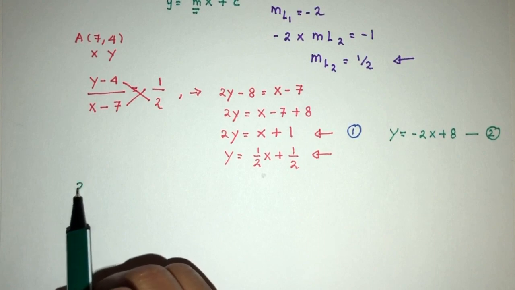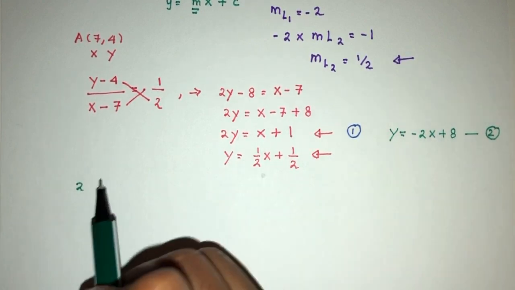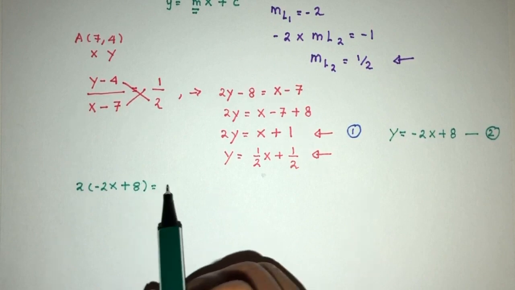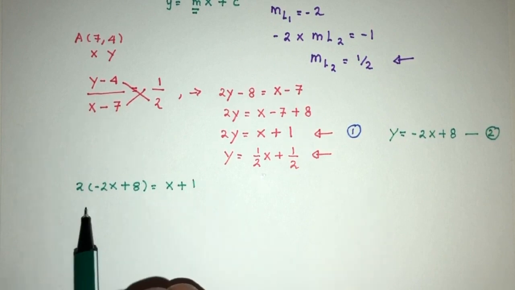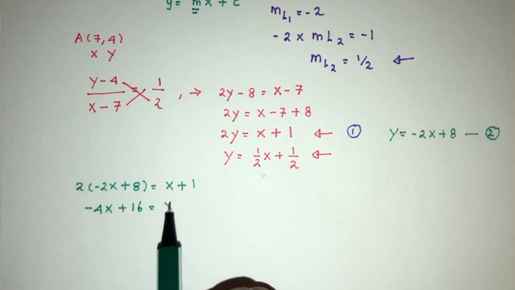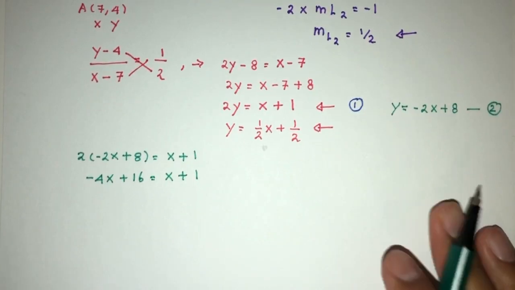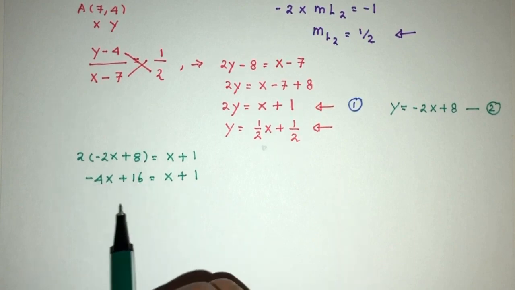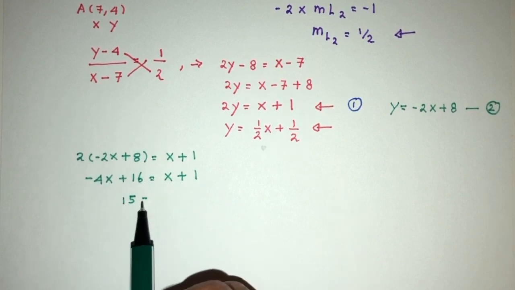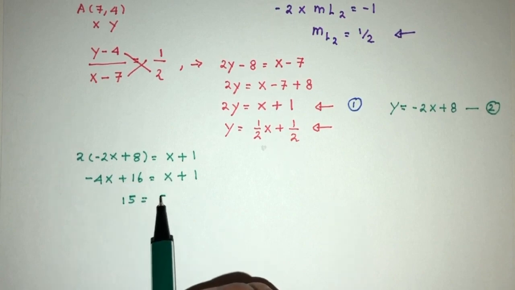So here we have 2y. Replace y by this, and you will have minus 2x plus 8 equal to x plus 1. So you will have minus 4x plus 16 equal to x plus 1. Simplify: send this over here, and this over here. So 16 minus 1 will be 15, and x plus 4x will be 5x.